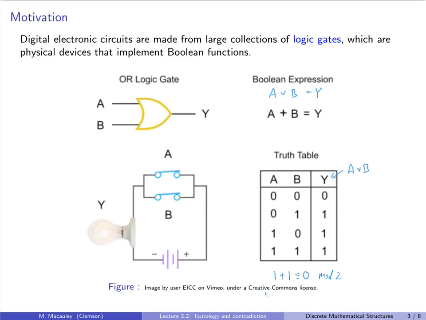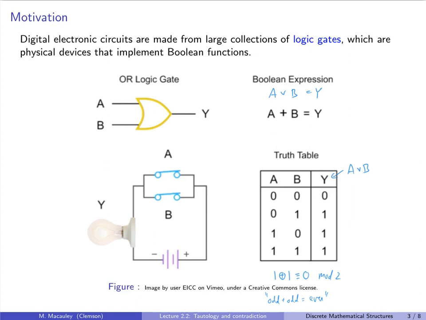And you can think of this as just saying that odd plus odd is even. And that is different from what this is here. So this OR symbol is not to be confused with addition modulo 2. And that's why I try not to use it. Sometimes what I've seen some people do is for addition modulo 2, they'll use a symbol like this.